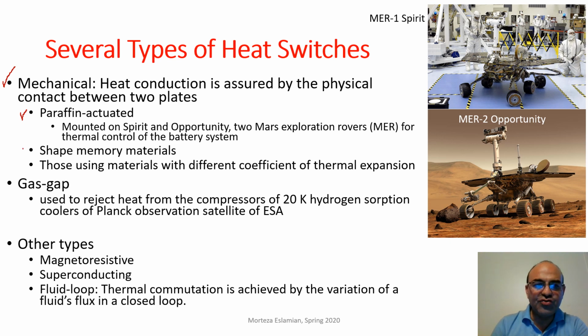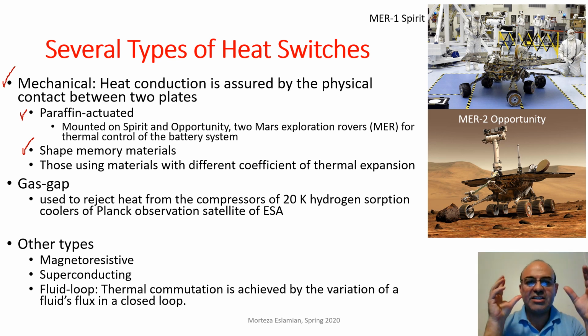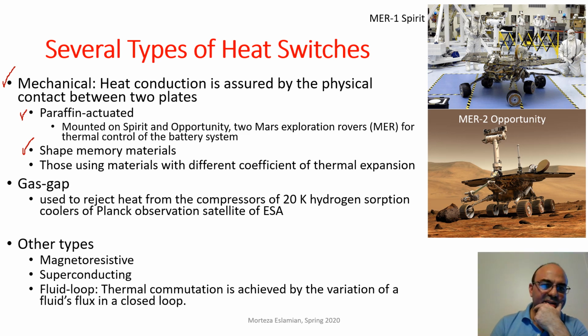Another way of actuation is using shape memory materials such as shape memory alloys. They change shape when exposed to different temperatures. And the third type of mechanical actuation is using materials with different coefficients of thermal expansion, such as the one used in a thermostat.